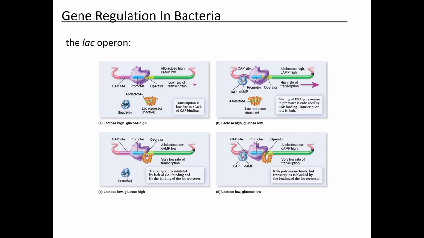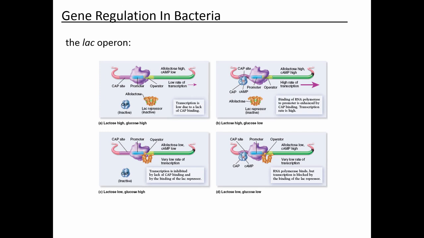And if you remember back to the animation, cyclic AMP is a small nucleotide that binds CAP and activates it so that it can bind the DNA. So in order for CAP to bind to the DNA, it needs cyclic AMP bound to it. If glucose is inhibiting the production of this molecule, that means that cyclic AMP is not going to be bound to CAP, and CAP is not going to be bound to the CAP site.